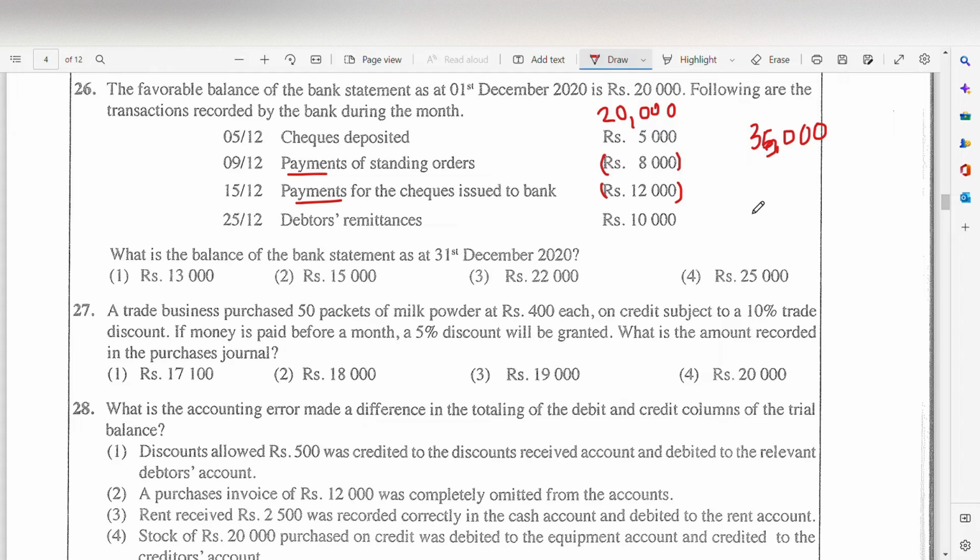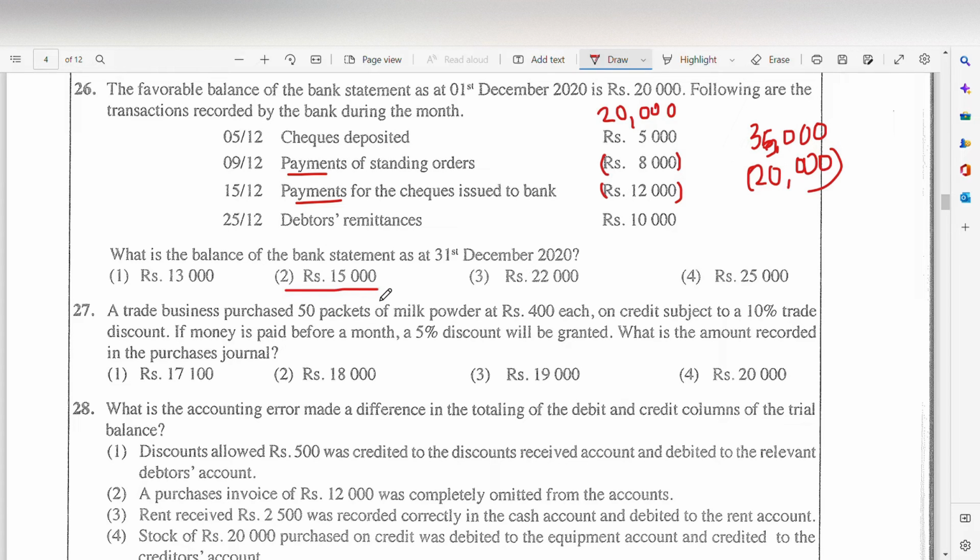But how much is your total cash outflow? 8,000 standing order, 8,000 check payment. So 35,000 minus 20,000 of cash outflow, which means your balance in the bank statement is 15,000.